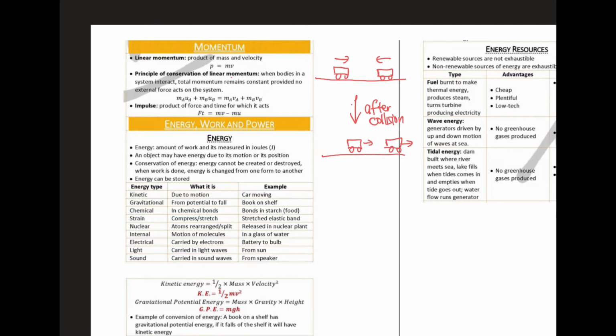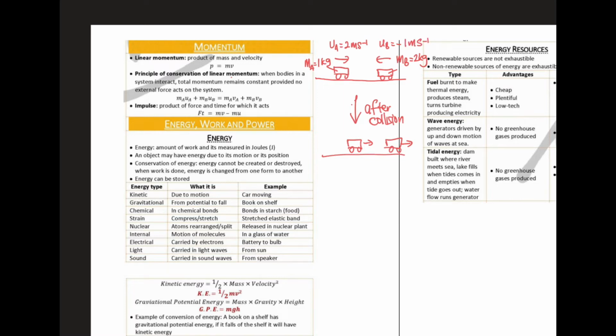Okay, let me put in some values for you. For the first trolley, I call it MA, 1 kg. This one is MB, 2 kg. This one I call UA, let's say 2 meters per second. For UB, since it's moving to the left, I put a negative value, negative 1 meter per second.